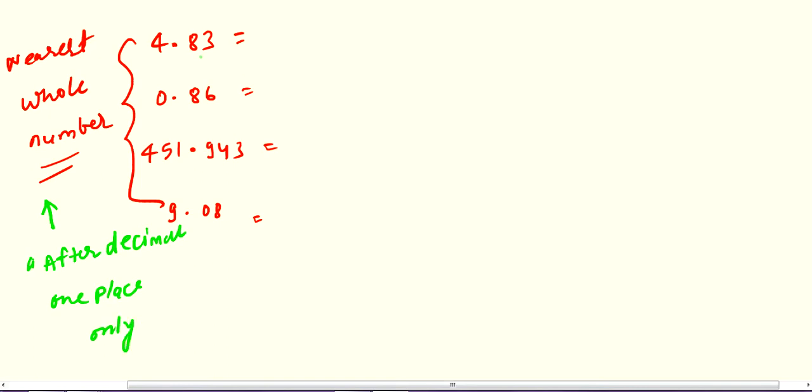So as you can see in this question, after the decimal we have two places. The last value is 3, and as you know 3 is less than 5, so this is the case of rounding down, and in rounding down we simply remove that digit and do nothing else. So 4.83 can be written as 4.8.